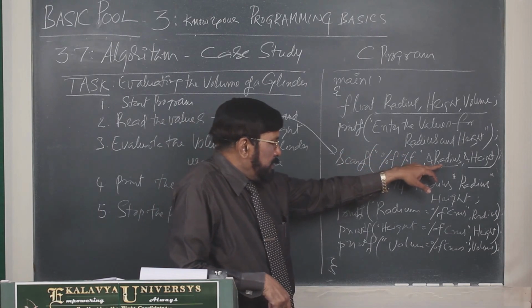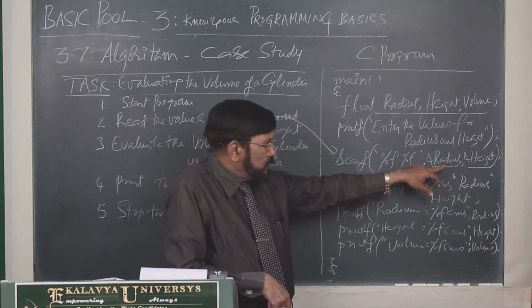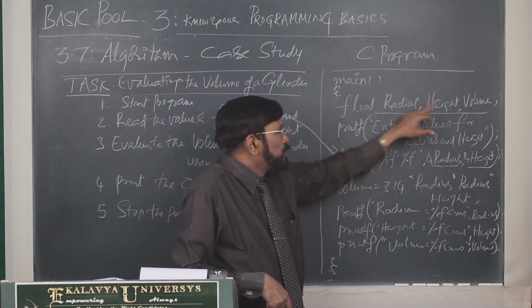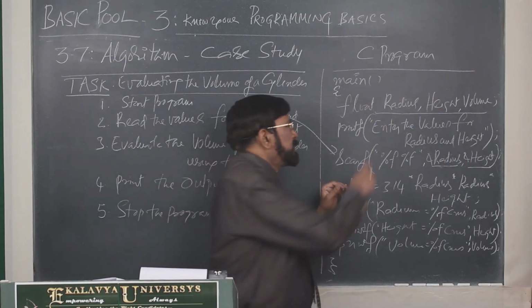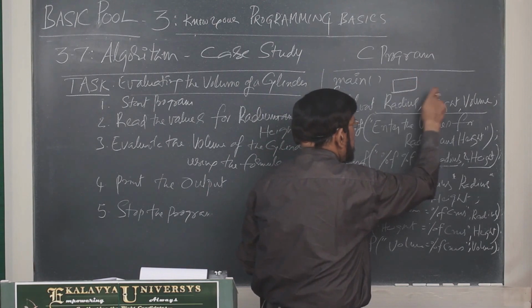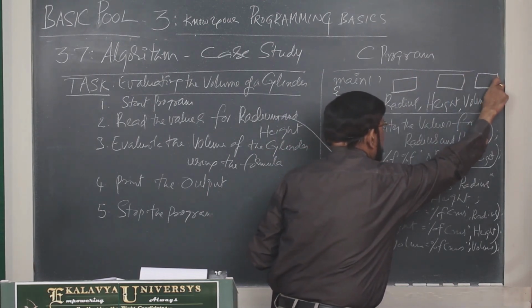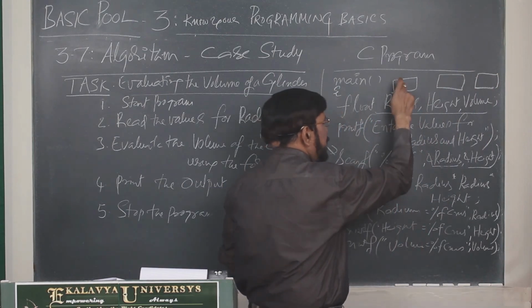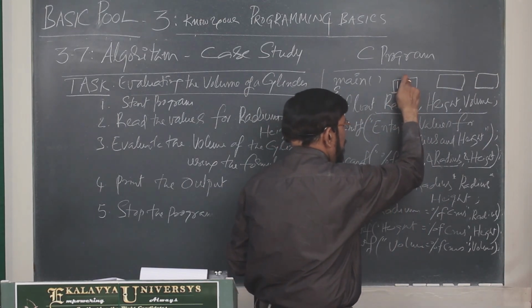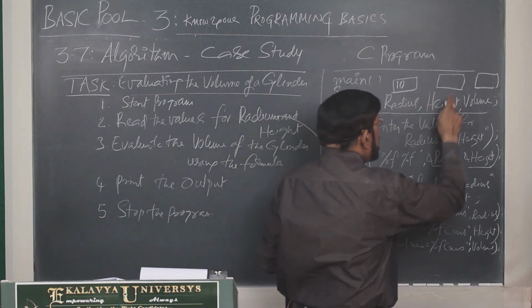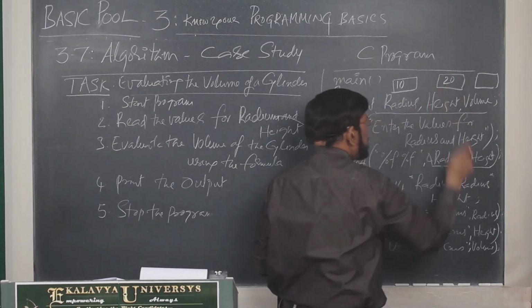Thereafter, now our volume is evaluated and stored. Already when you input the values of radius and height, these two containers are filled. Just imagine that one memory container is there, another memory container is there, another memory container is there. Suppose a radius you have given 10 centimeters, height you have given 20 centimeters.